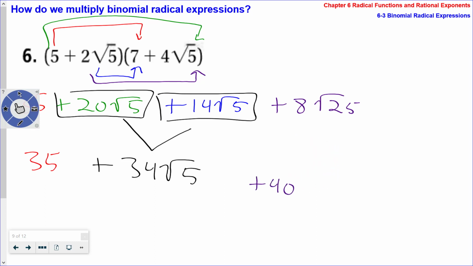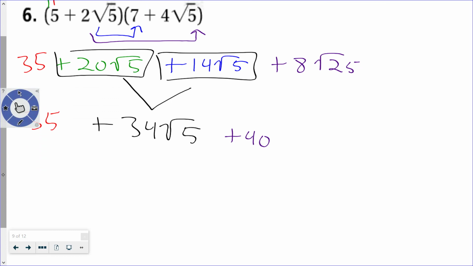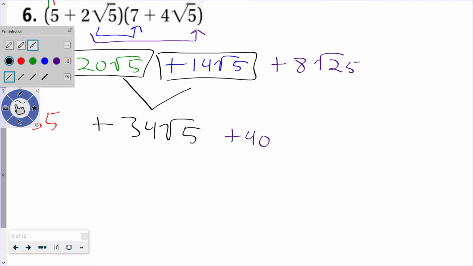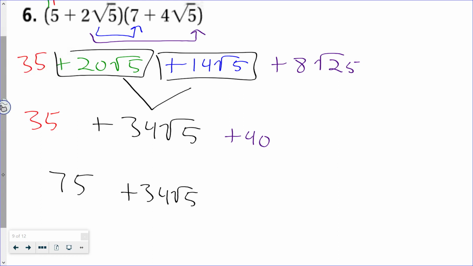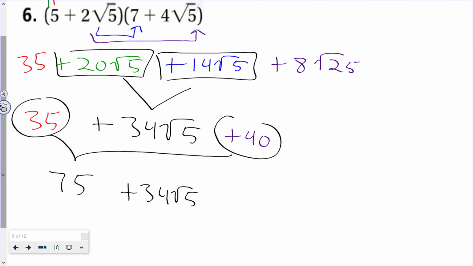And we have this 40 there. Are there any more terms we can combine? And we get 75. So our final answer is 75 plus 34 radical 5 after we combine these two like terms. And that's it. We cannot simplify any further.